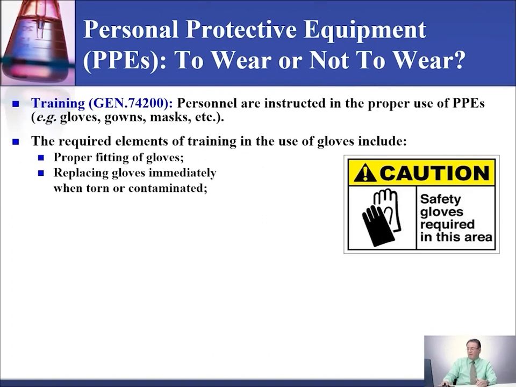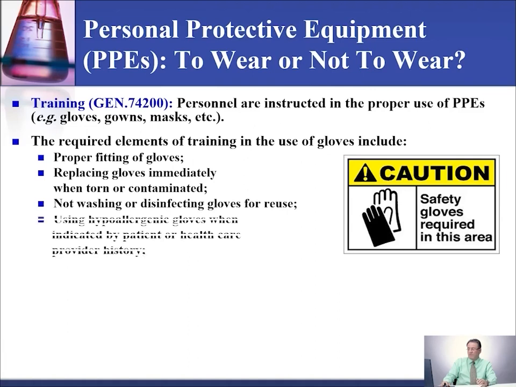The required elements of training in the use of gloves include proper fitting of gloves, replacing gloves immediately when torn or contaminated, and not washing or disinfecting gloves for reuse. They're not usable; when you're done with them, you throw them away.